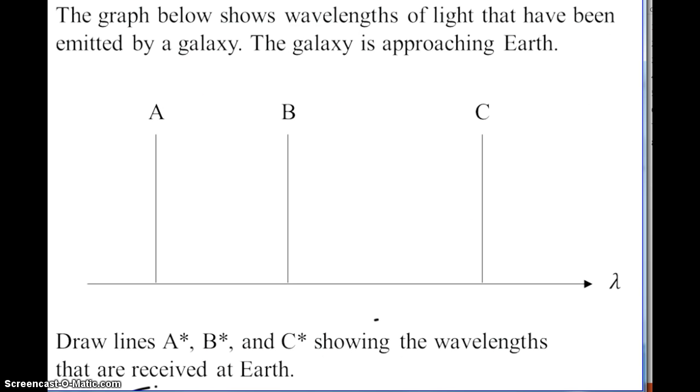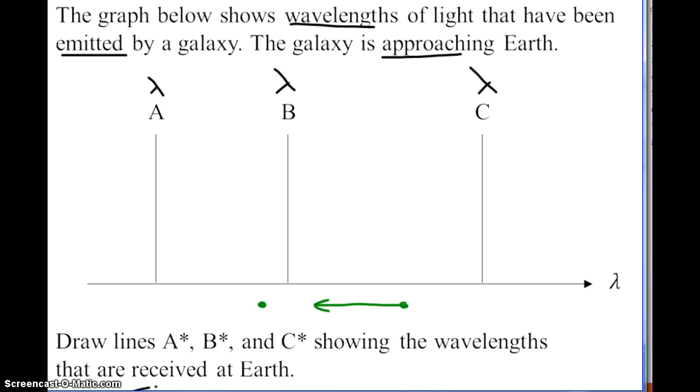The graph below shows wavelengths, still wavelengths, that have been emitted by a galaxy. These are the lambda, plain old original lambda values, unshifted, emitted. The galaxy approaches Earth. So let's draw the picture. Here's the galaxy. Wait, it's going the other way. It's approaching the Earth.